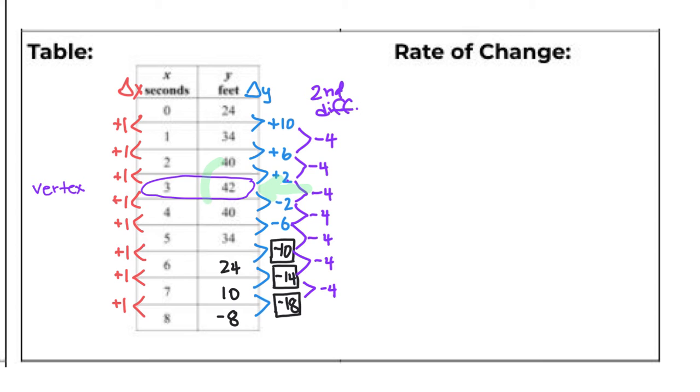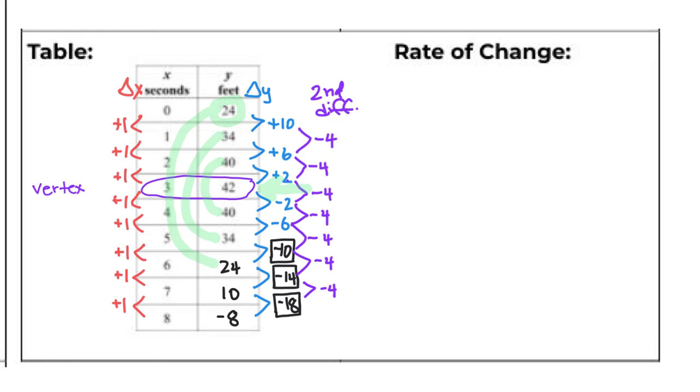We also see that 40 and 40, 34 and 34, and 24 and 24 all buddy up. And if our table kept going up, we would have partners for our 10 and negative 8 as well. But that's another way to use our pattern. We did 34 minus 10 to get 24, but we could have known that it was 24 because of this 24 at the top. So use that pattern when you're filling in your tables.